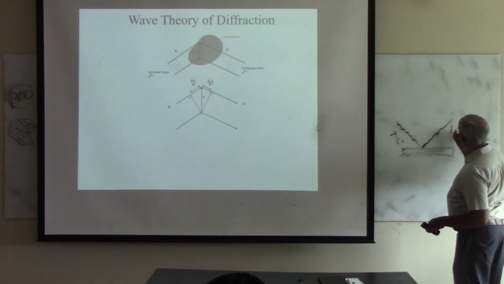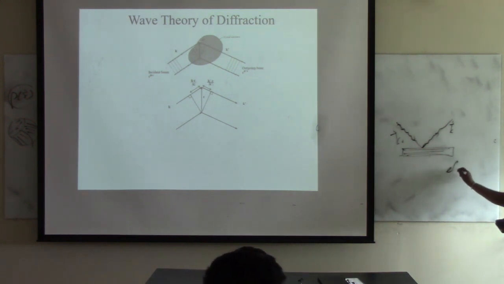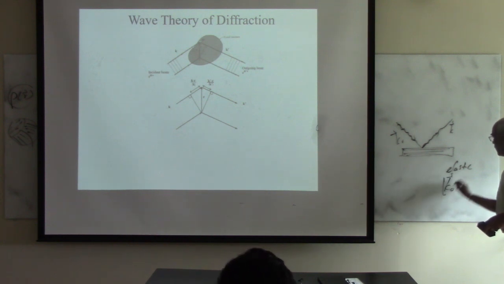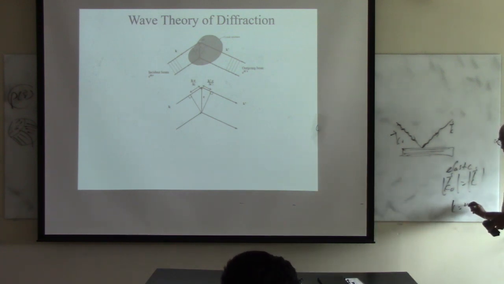This is say K. If they are elastic, that means your K0 and K have the same magnitude, right? Because K is basically 2 pi over lambda, and your lambda doesn't change due to the diffraction.